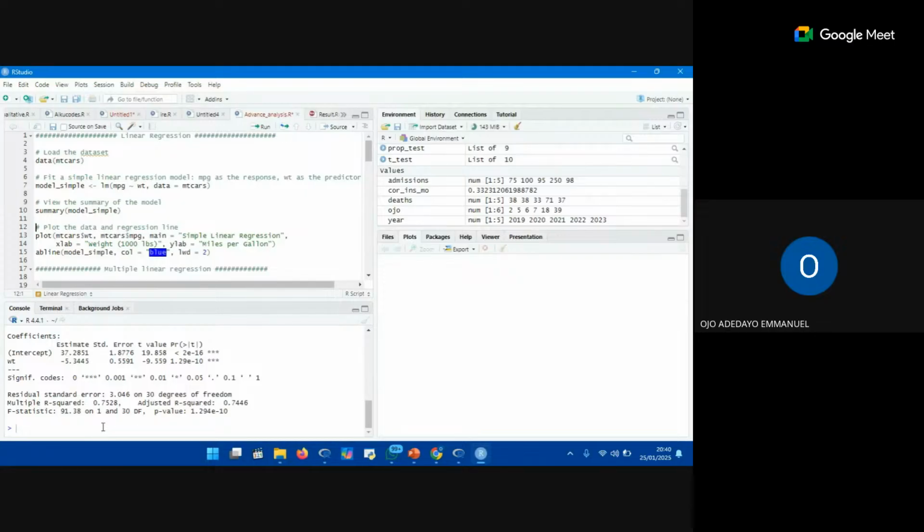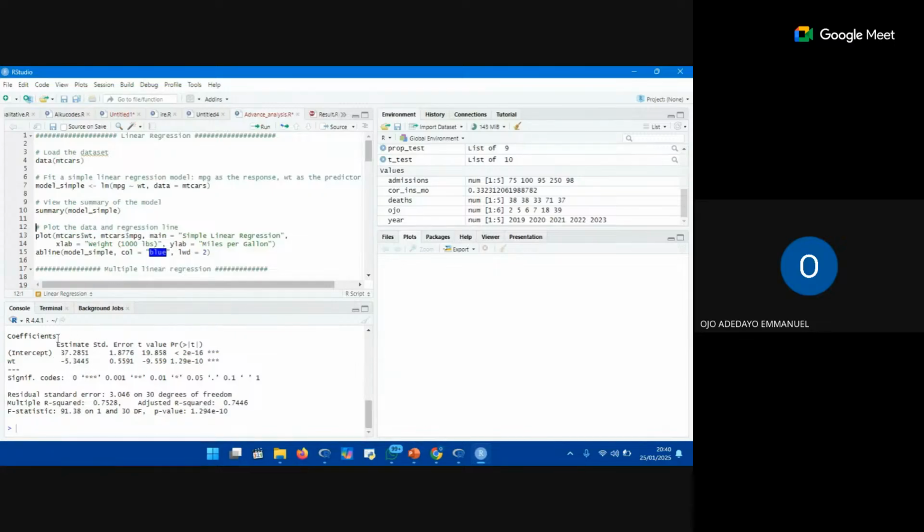Further down, we have the R square, which is 0.7528, that is 75%. And then we have our adjusted R square, which is 0.74446, that is 74.46%.